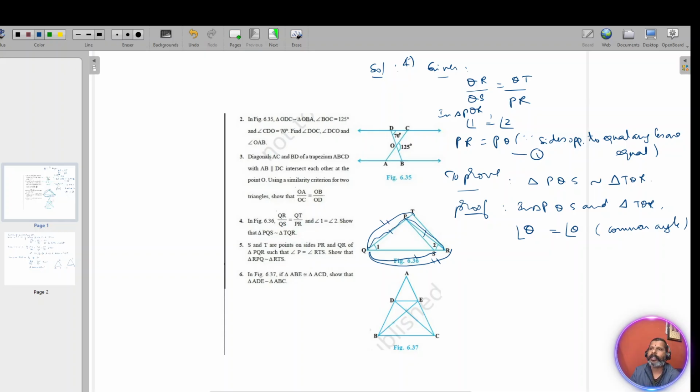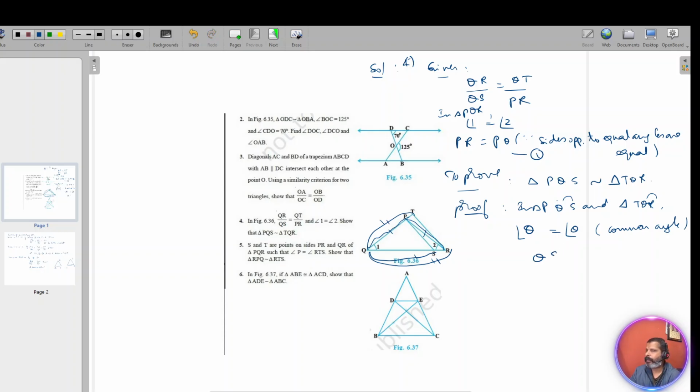If you observe the triangles, what we have written and what is given, QR by QS means I should write it differently because I took PQS first.